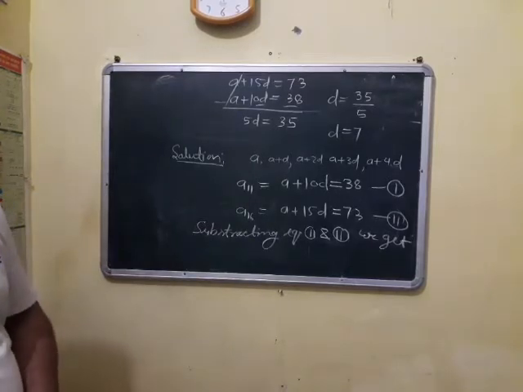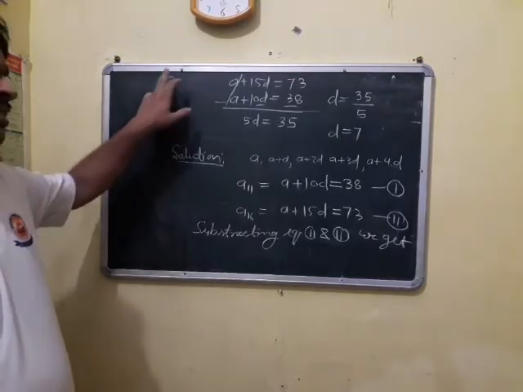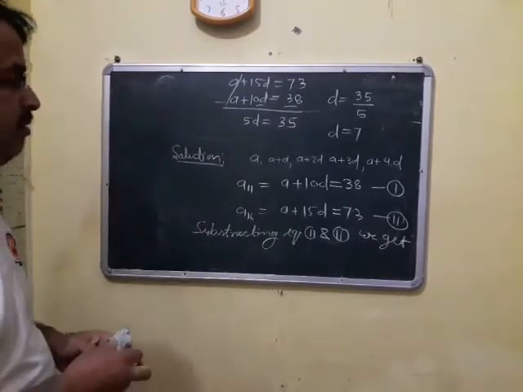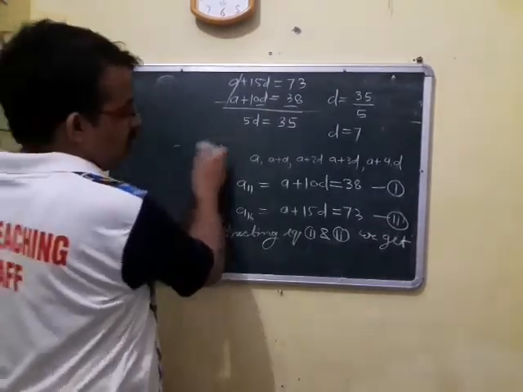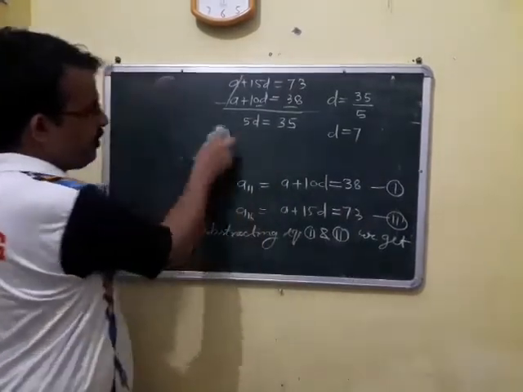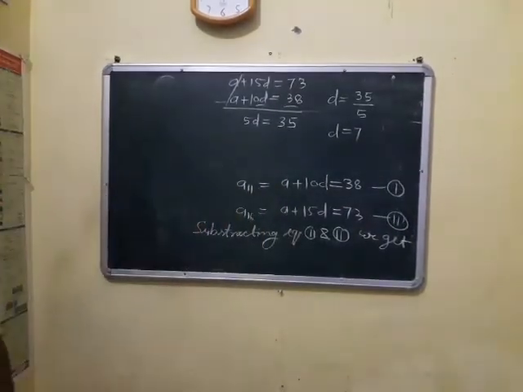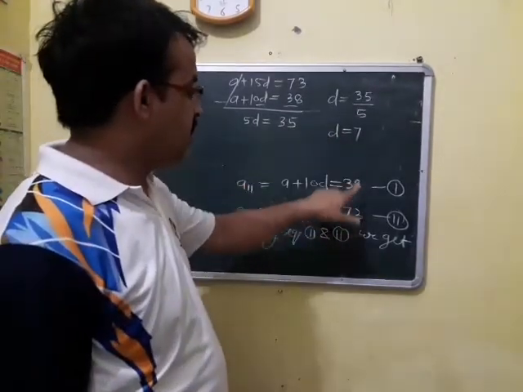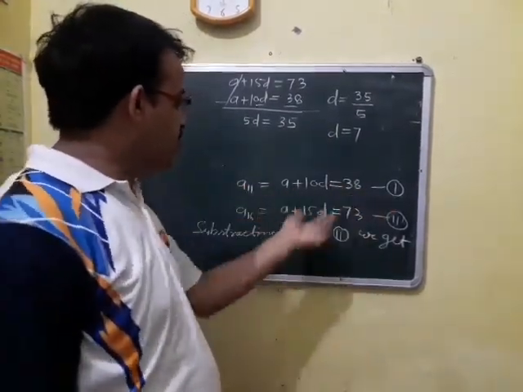Now we have to find the 31st term. So we find a, the first term. How to find the first term? The value of d is given, put it in any equation, first or second.